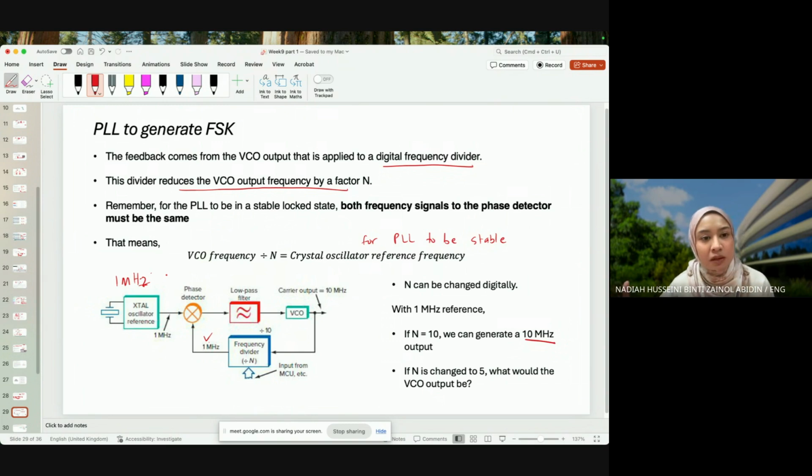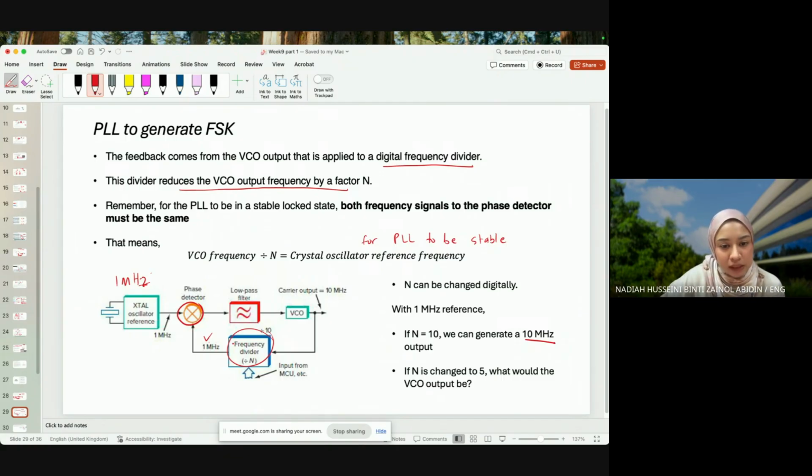Through PLL. So how do I tune it? Using a phase detector plus the frequency divider. How do I change the frequency? First, I need to make sure the inputs that go to the phase detector are the same.